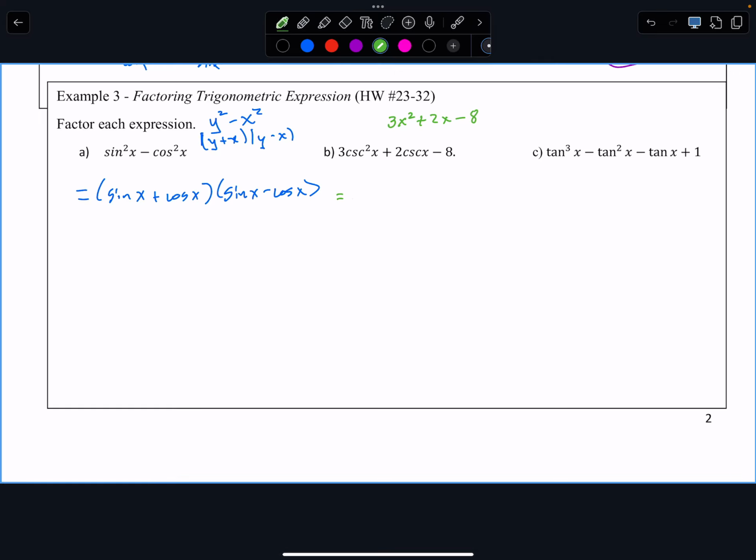To get a 3 cosecant squared, you're going to have a 3 cosecant x in the first and a cosecant x in the second. So that when you multiply the firsts, you get a 3 cosecant squared x.